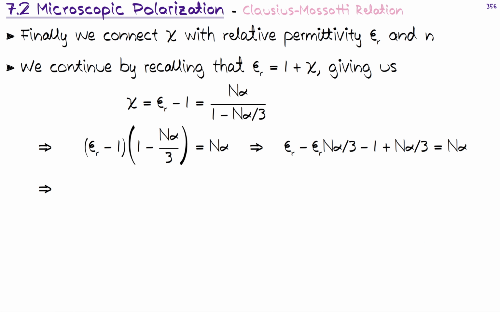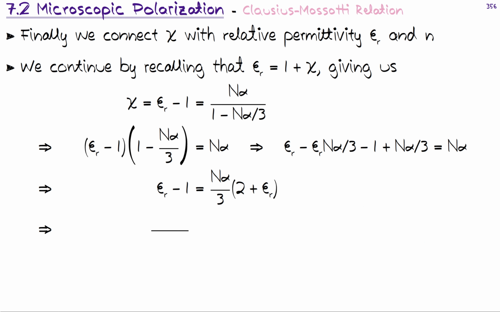And then with this at hand, we can simplify things further. On the left-hand side, we have epsilon r minus 1. Essentially we have this term here and this term, and we put the other terms on the right-hand side. So on the right-hand side of the equality, we have n alpha per 3, and then inside the parentheses 2 plus epsilon r. This should be what we have here in case we did things right.